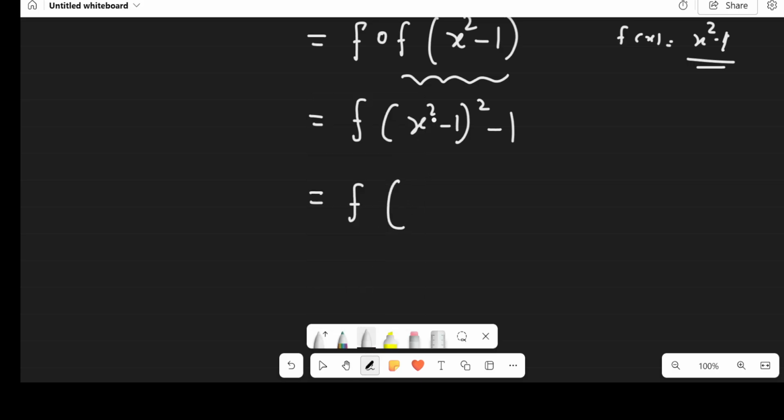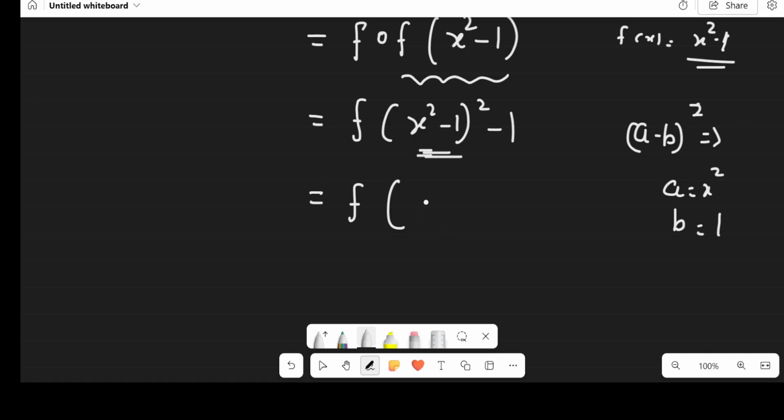Here we can take this as a minus b the whole square. A minus b the whole square. Okay, what is a here? X square. Same thing what we have done before. B is 1. So according to the formula, what would be the answer?